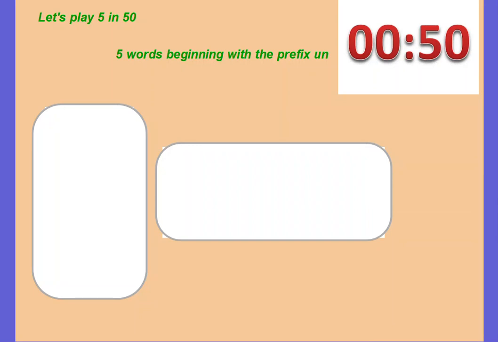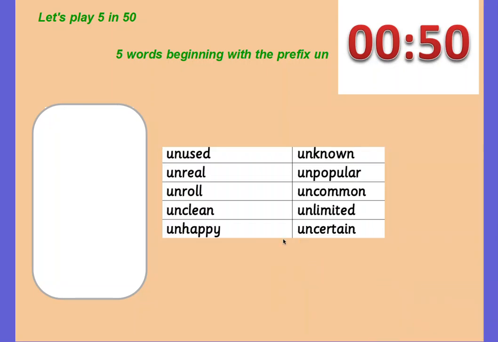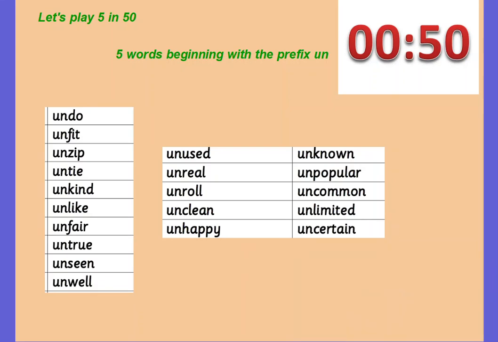Okay, all right, so I hope you have 5 words on your whiteboard. Just have a look to see if you have got 5. And here are some of the words you could have had. So let's read these words together. These are some of the suggestions. There are more.